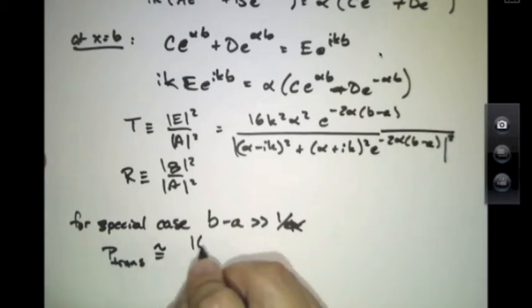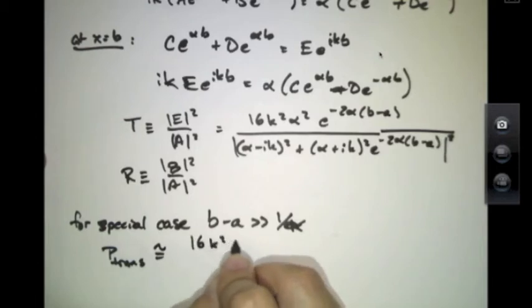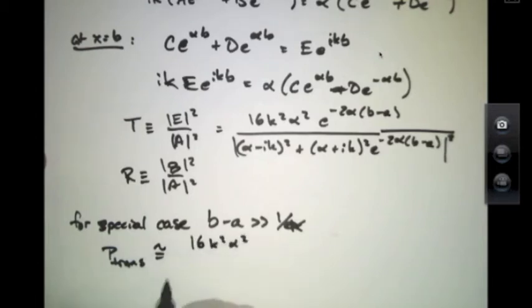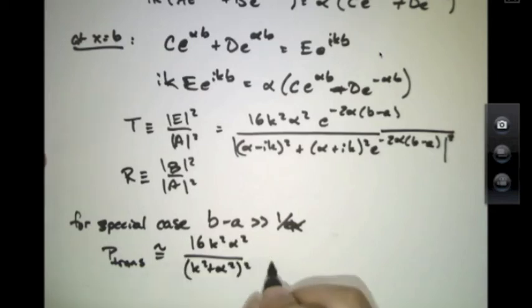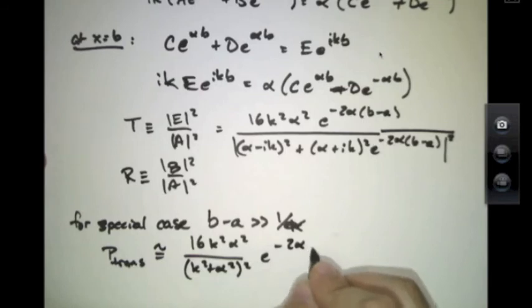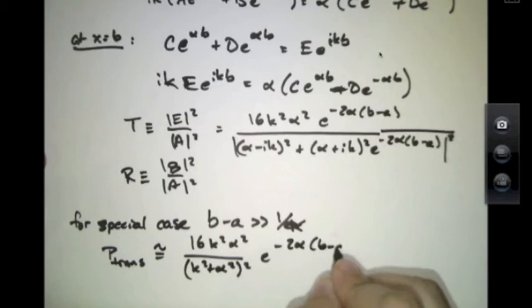In this case, I have 16 k squared alpha squared, should say so.